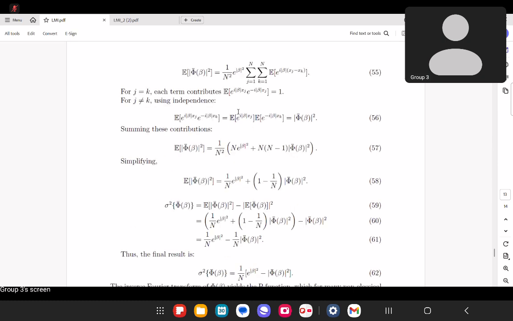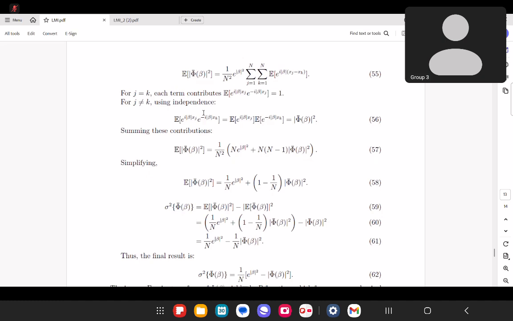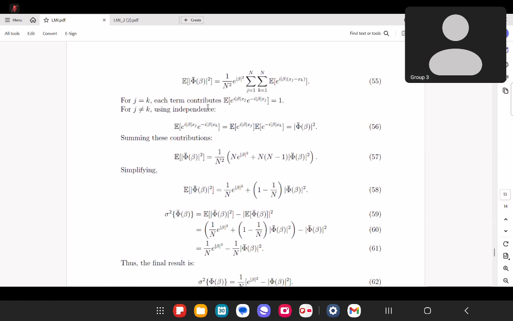When j equal to k, you get e power i times e power i to the power 0, which is just 1. And when j not equal to k, we get this kind of term, e power xj minus xk.